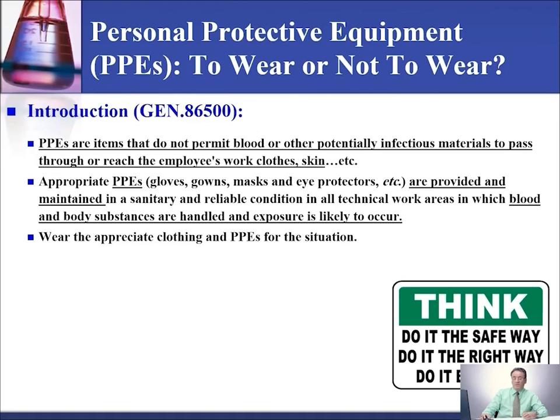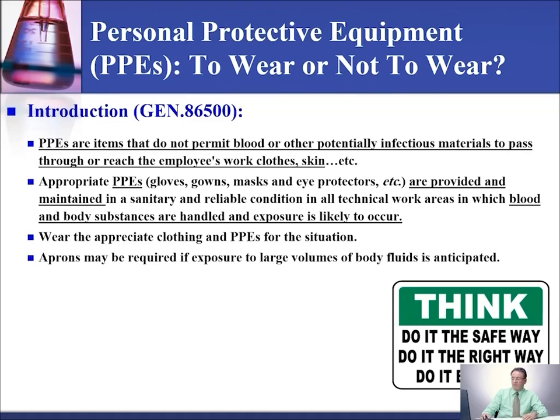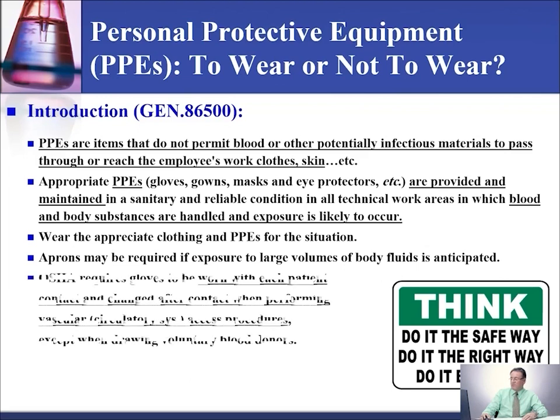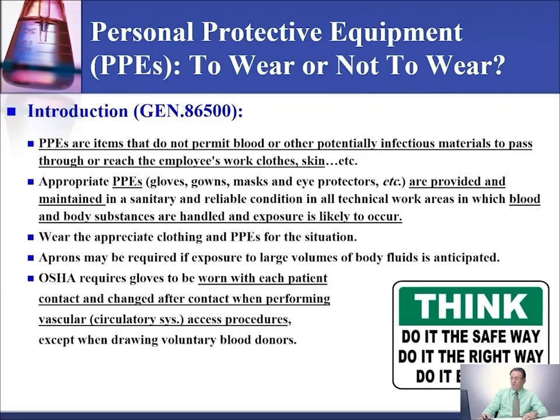Then the employees, the staff, need to wear the appropriate clothing and PPEs for the situation. Apron may be required if exposure to large volume blood fluid is anticipated. OSHA requires the gloves to be worn with each patient contact and change after contact when performing vascular access procedure, except when drawing voluntary blood donors.